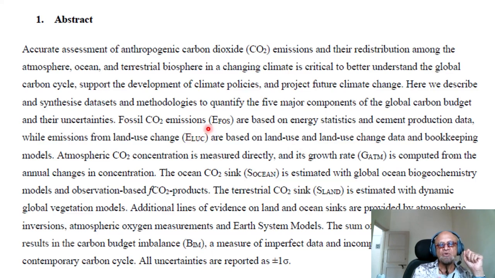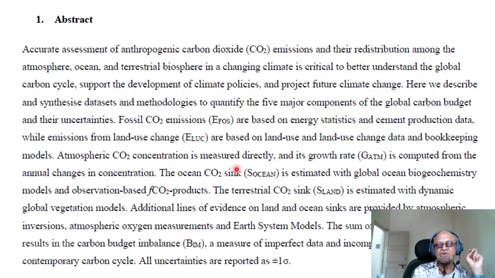Fossil fuel CO2 emissions, EFOS, are based on the energy statistics and cement production data, while emissions from land use change, ELUC, are based on land use and land use change data and bookkeeping models. So there are always some models involved, and there are uncertainties on each of these estimates.